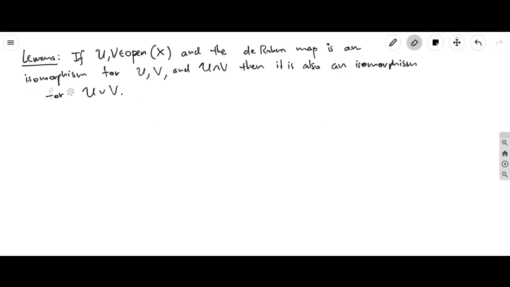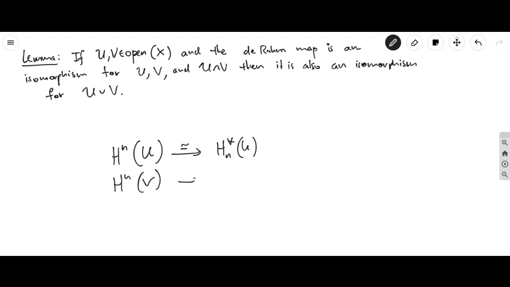Now, what do we mean by an isomorphism for U, V, and the intersection? You have to understand that because X is a manifold, and these are open subsets of a manifold, they themselves are manifolds. So we have the following isomorphism. This is the de Rham map. We have an isomorphism here. We have an isomorphism here. And we have an isomorphism on their intersection.